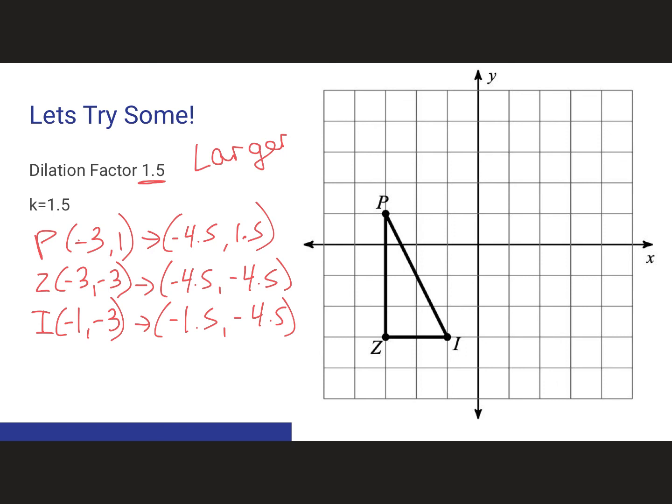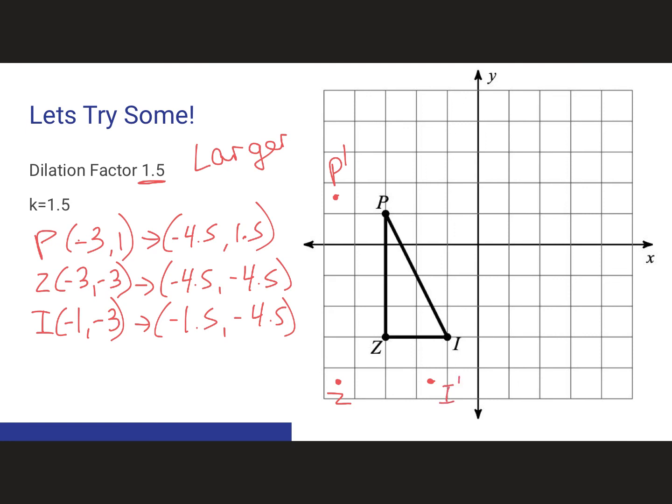-4.5, 1.5 ends up right here. That's P. -4.5, -4.5 comes right down here. That would be Z. And then -1.5, -4.5 comes right down here.